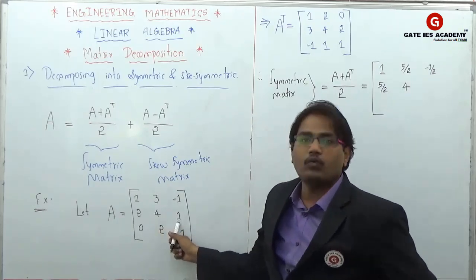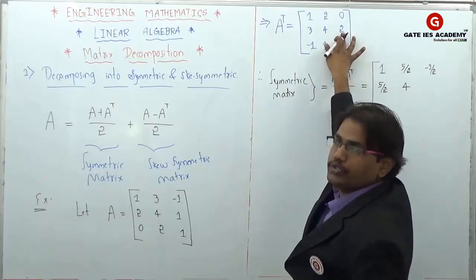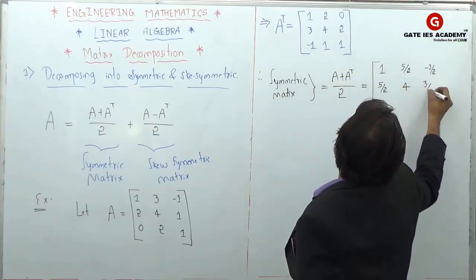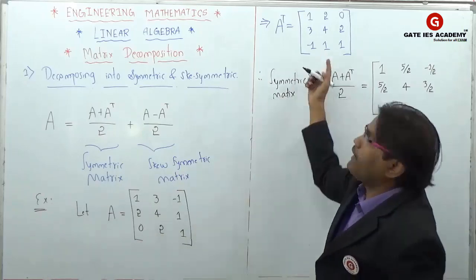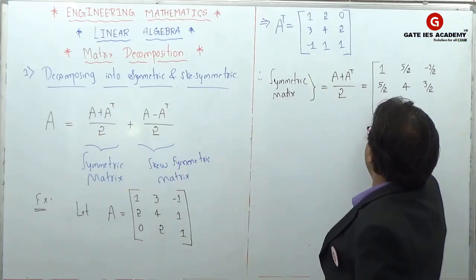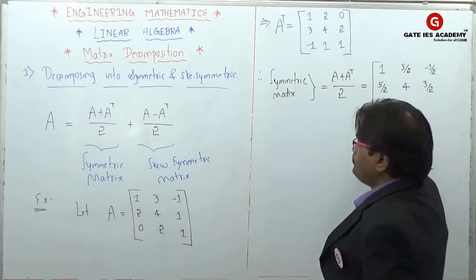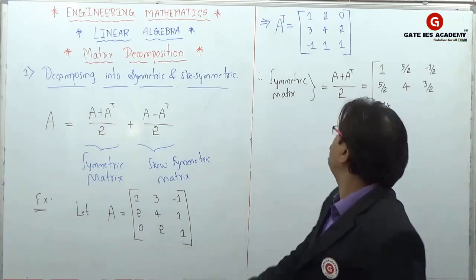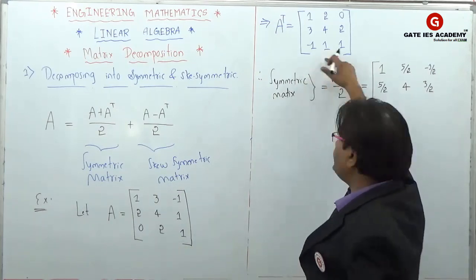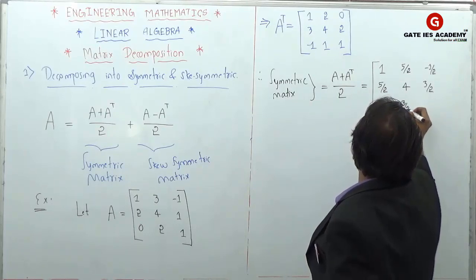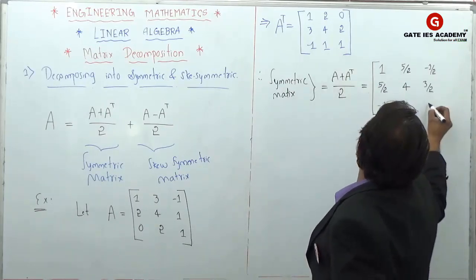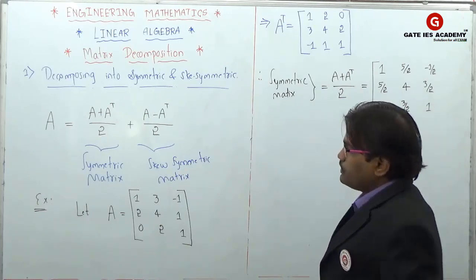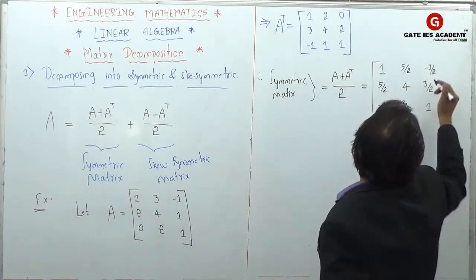Then 1 and 2 give 3 by 2. 0 minus 1 divided by 2 is minus 1 by 2, and 2 plus 1 is 3, so 3 by 2. And the last entry is 1 plus 1, 2, divided by 2, which is 1.